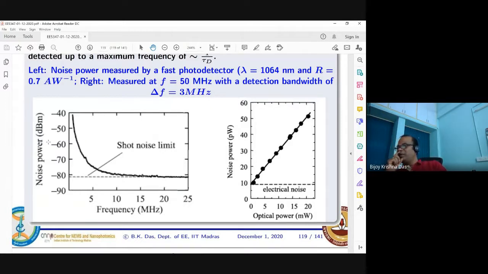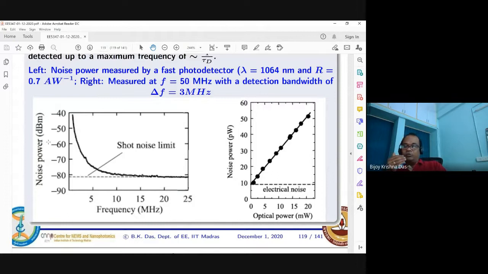Minus 90 dBm means you can imagine 10 to the power minus 9 milliwatt. You take log, you get minus 9, and then multiply by 10, minus 90 dBm. Is that correct? Similarly, any value you can get.